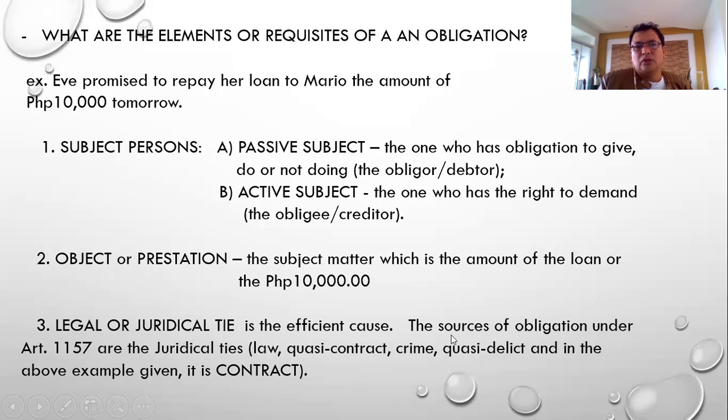So the sources of obligation under Article 1157 are the juridical ties, which is law, contract, crime, or quasi-contract, quasi-delict, and in this case, the contract. So without these three present, actually four, because there are two subject persons, without these four present, one, two, three, four, there is no obligation.